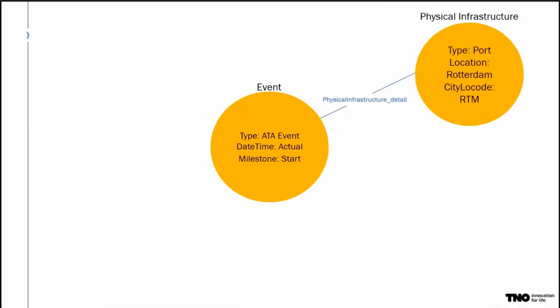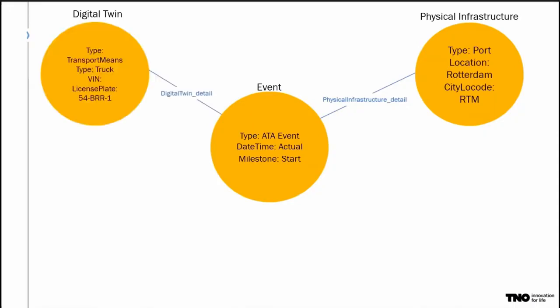And secondly, what is associated with an ATA event is the actual truck that will arrive at that location. So next to a physical infrastructure, we also have a digital twin, or a physical object that is associated with this event. In this case, it is a truck.